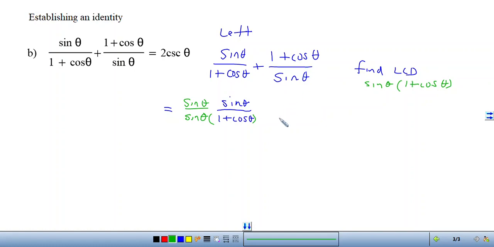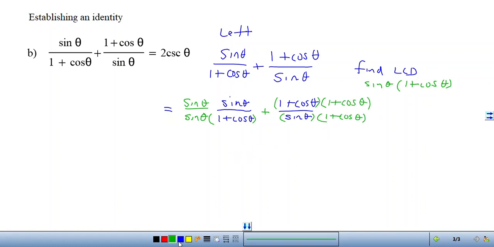Alright, and then on the right side, which is this side, let's see, what else are we missing on this side? So on this side right here, it looks like I'm missing this chunk right here, which is a 1 plus cosine theta. So I'll do it to both sides, top and bottom, I mean.